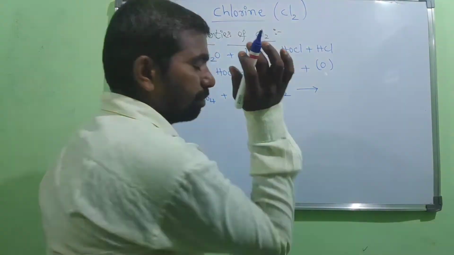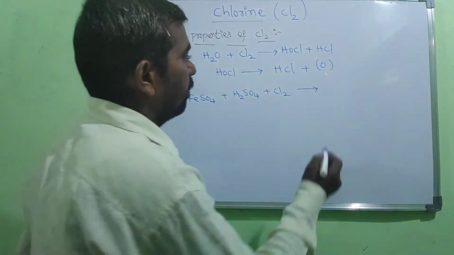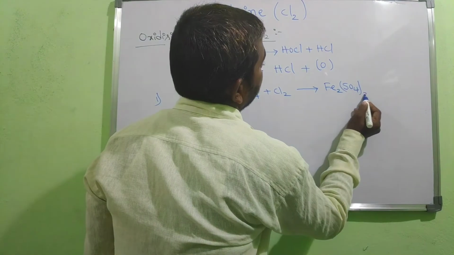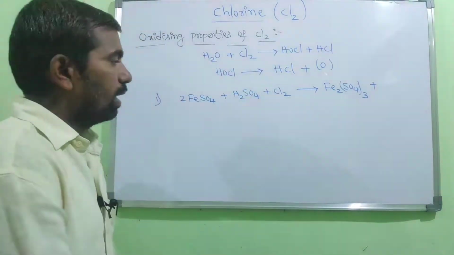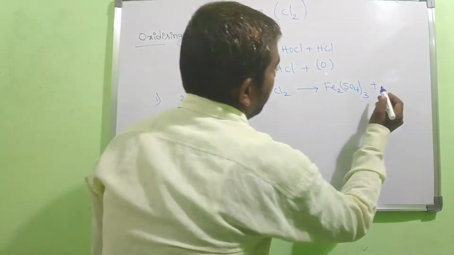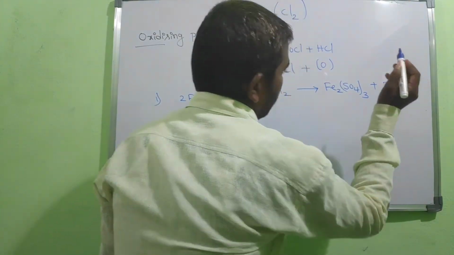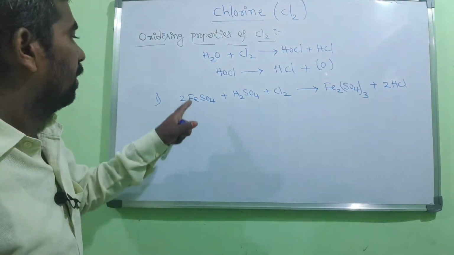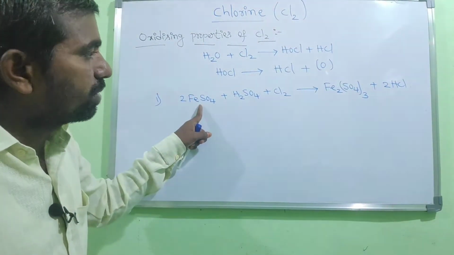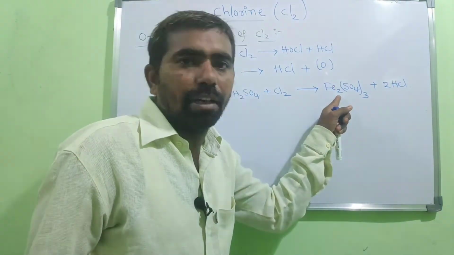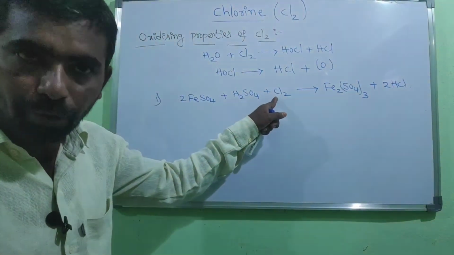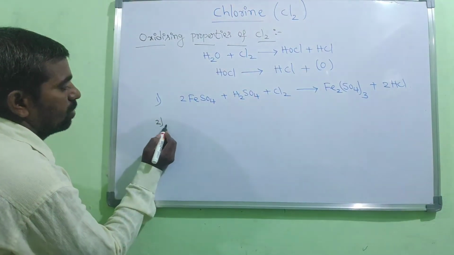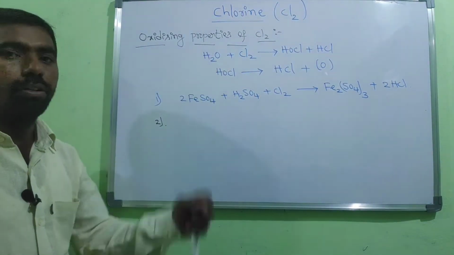Chlorine oxidizes the ferrous sulfate into ferric sulfate, and the remaining 2 hydrogens with the 2 chlorine atoms give 2 HCl as the byproduct. So the statement for this chemical reaction is: ferrous sulfate is oxidized into ferric sulfate by chlorine in the presence of water molecules. And that is about the first oxidation reaction of chlorine.